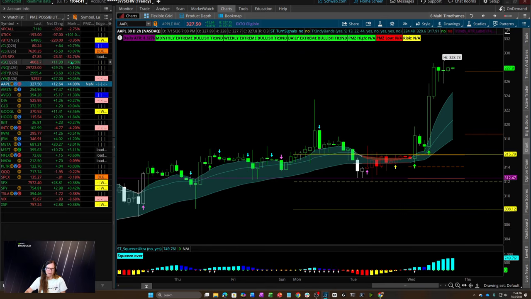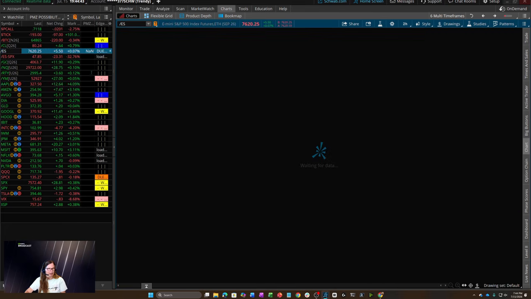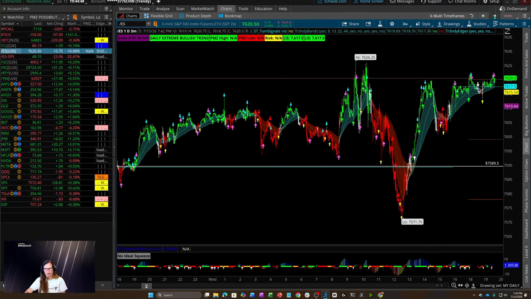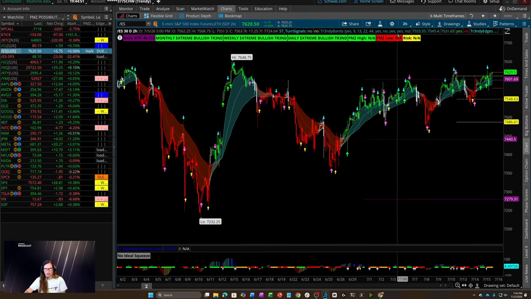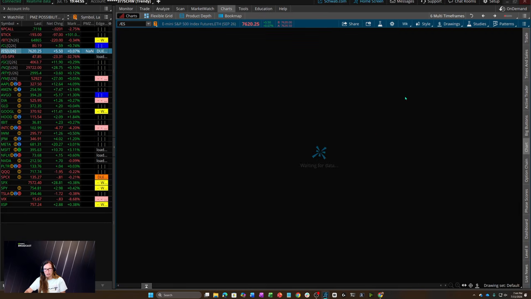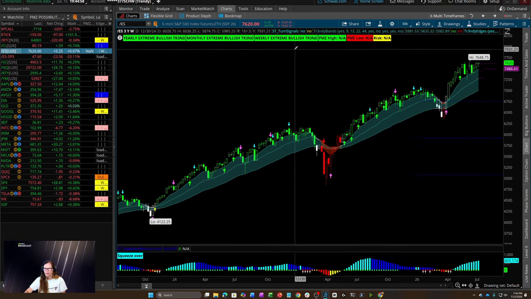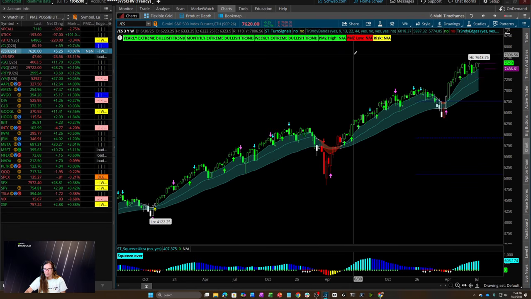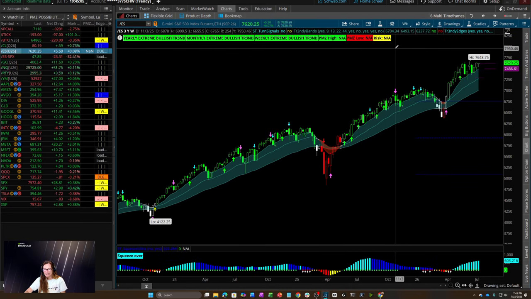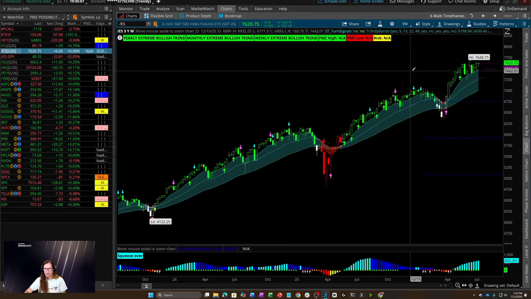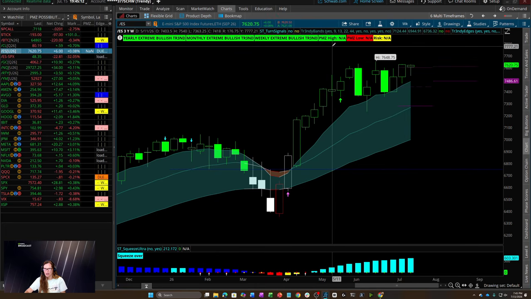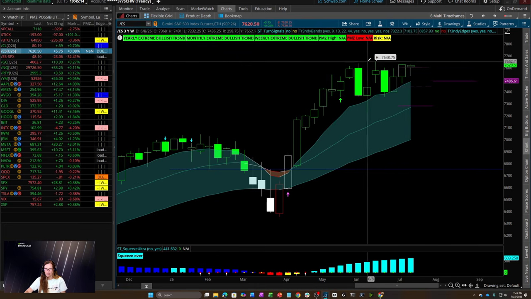All right. Let's look at examples of how to use extension targets when you have no higher, in this case, price action, no supply, no resistance, nothing to use for additional upside targets, right?